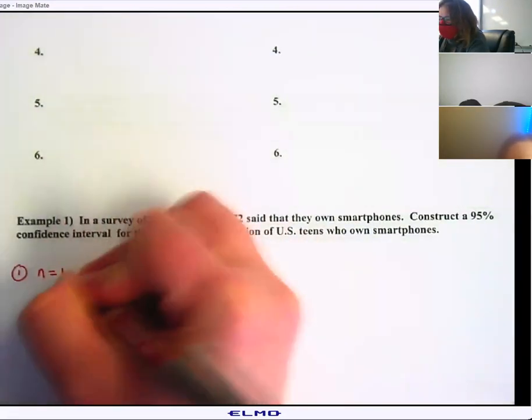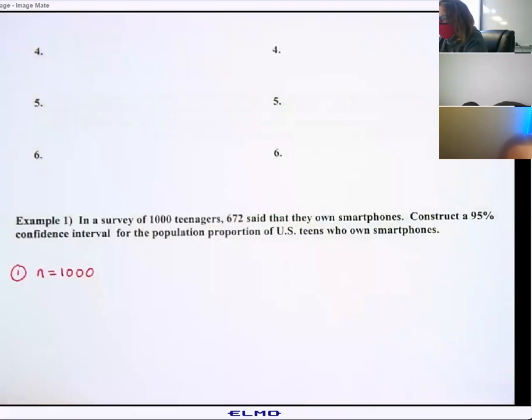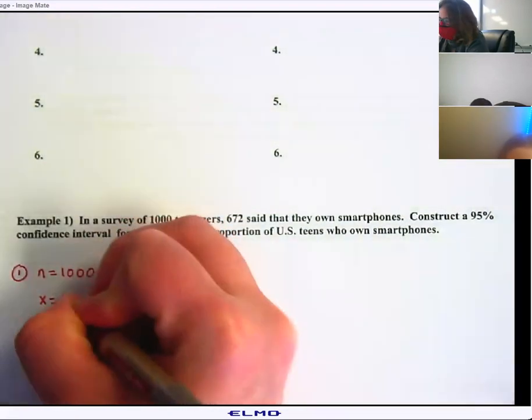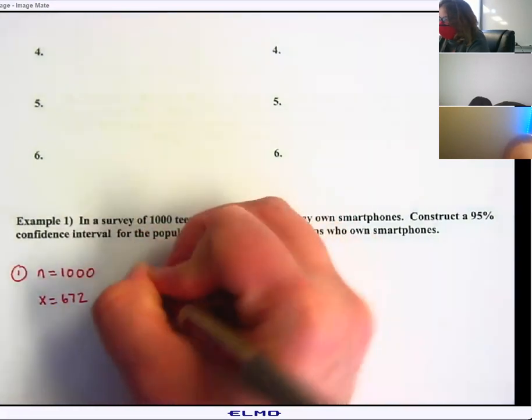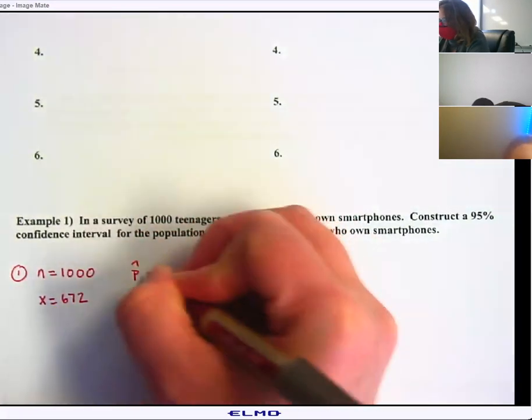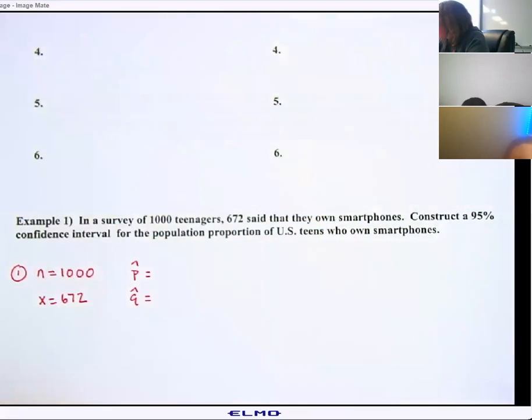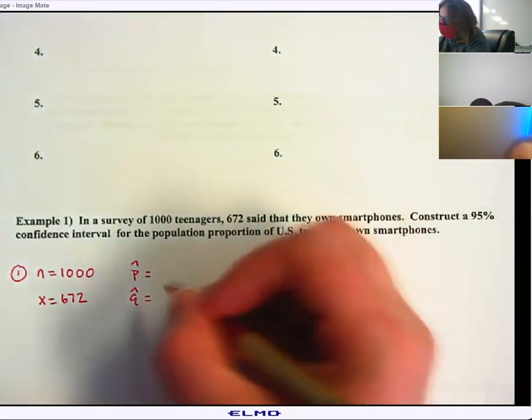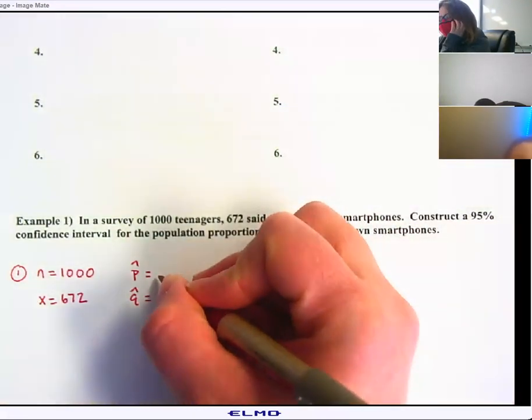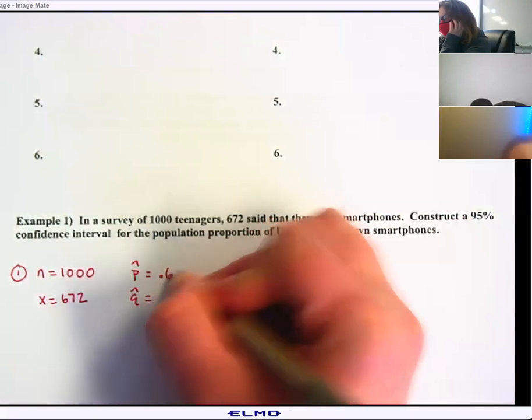So anyway, N is 1,000. What's X in this one? So what's P hat? 672 divided by 1,000. 0.672.